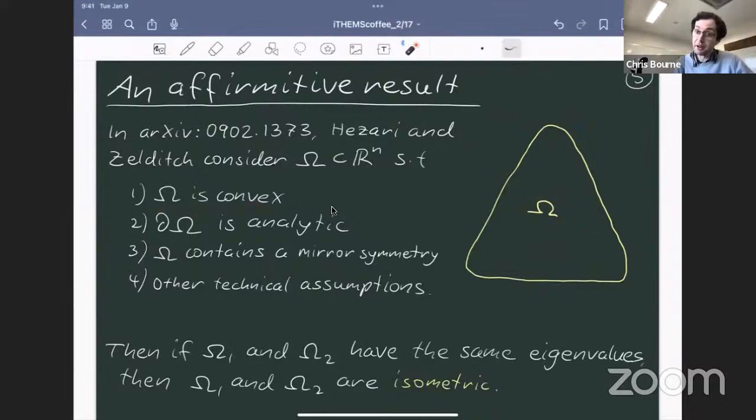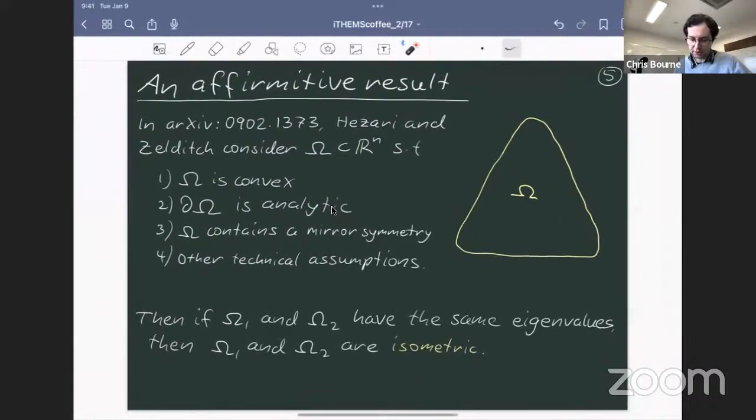The boundary needs to be very, very smooth. So more than just regular smooth, it's actually analytic, so a convergent series expansion. And also your domain should contain at least 1 mirror symmetry. So you should be able to have some sort of reflection symmetry of the domains that you can consider, and then some other technical assumptions, which I won't get into today.